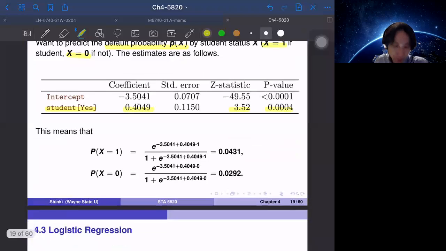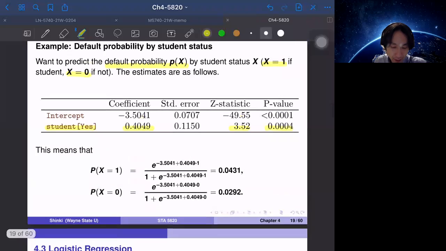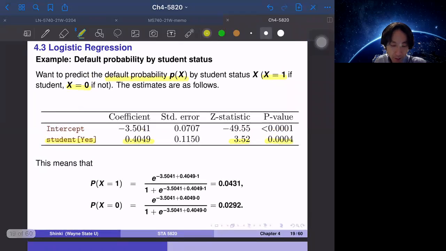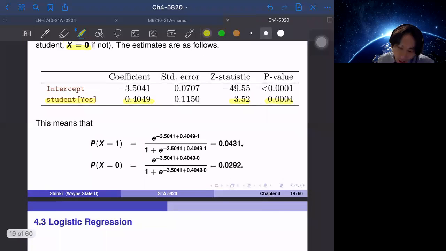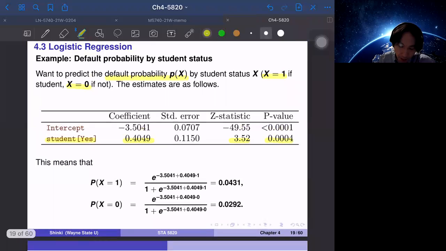So here, if we only have the information on whether or not that person is a student, then default probability is higher. But if we account for income or other variables such as age, possibly that isn't the case. This is probably a little easier to interpret because we only have one variable, and student status only has two cases: yes, then 1, and no, then 0.